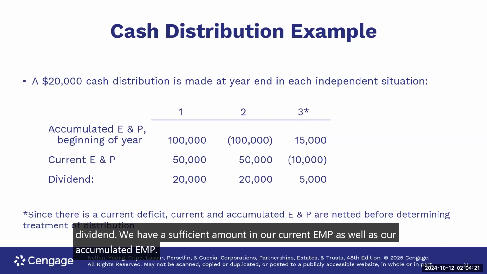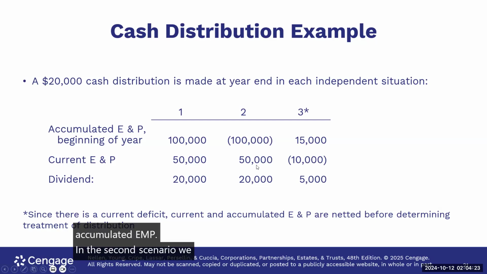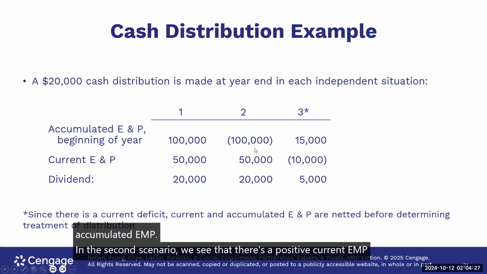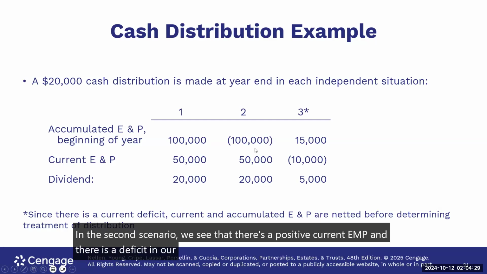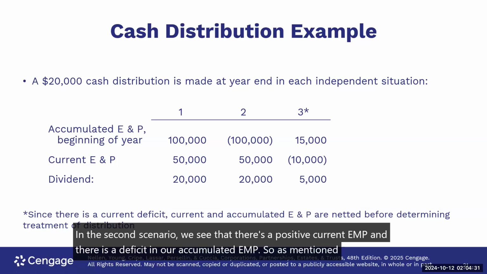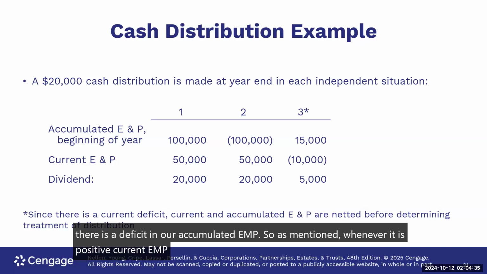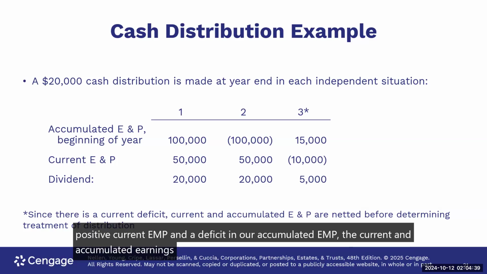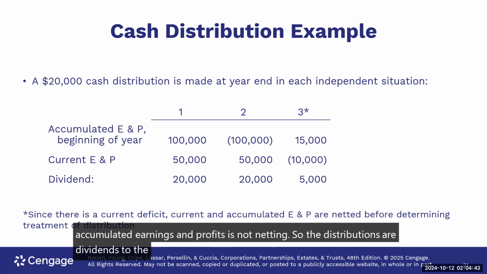In the second scenario, we see that there's a positive current E&P and there is a deficit in our accumulated E&P. So as mentioned, whenever there's positive current E&P and a deficit in our accumulated E&P, the current and accumulated earnings and profits is not netted. So the distributions are dividends to the extent of the current E&P.